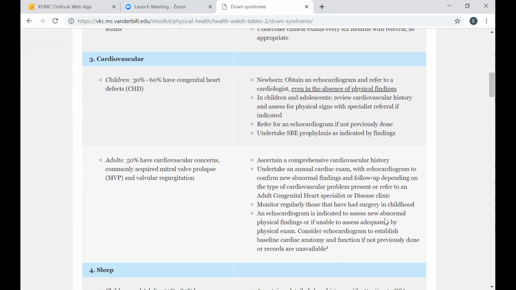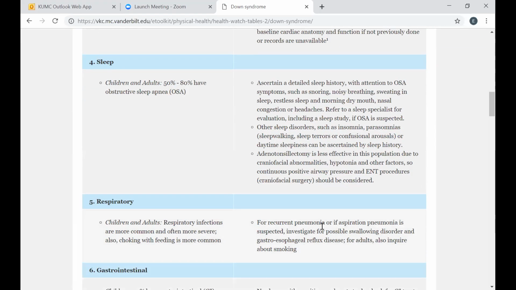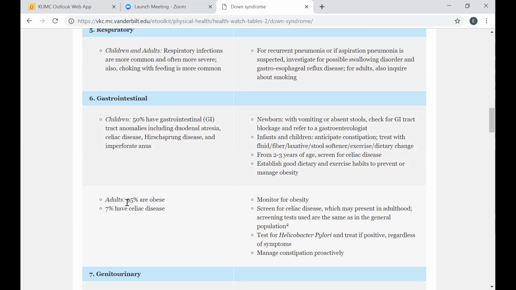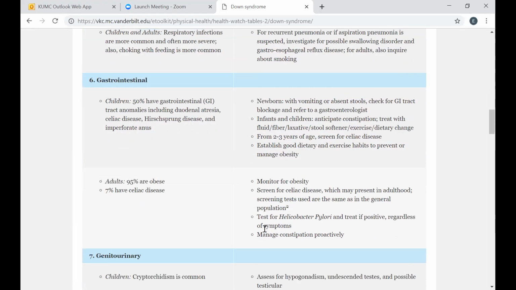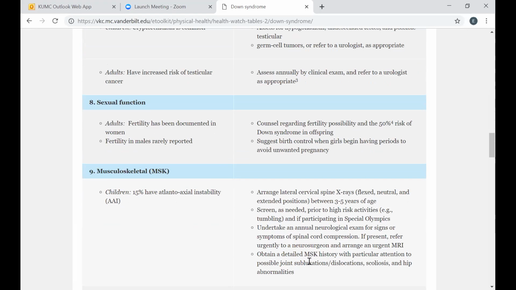And then how often do I need to send them somewhere? Do they need to see a cardiologist really? What's that about? They're at high risk for sleep apnea. The other thing is that adults with Down syndrome do have a risk of celiac disease, 7%, so screening for that. They're also at risk for testicular cancer.